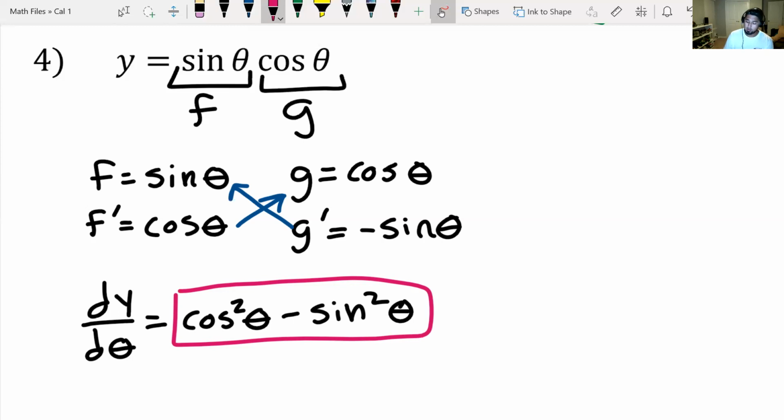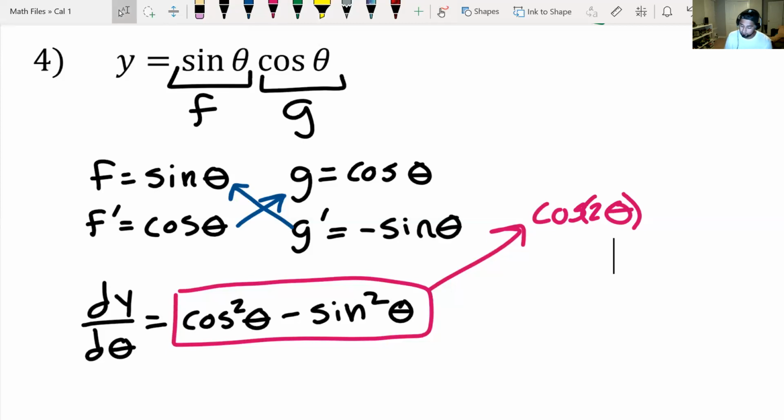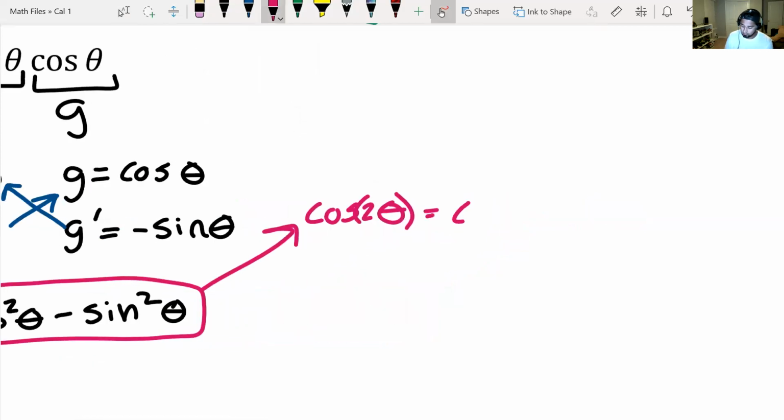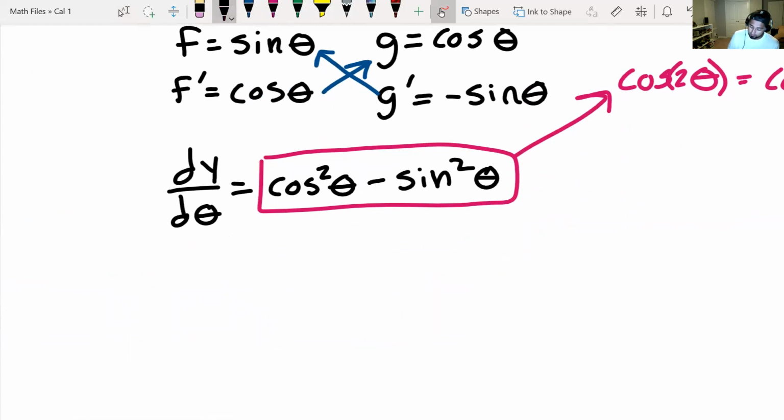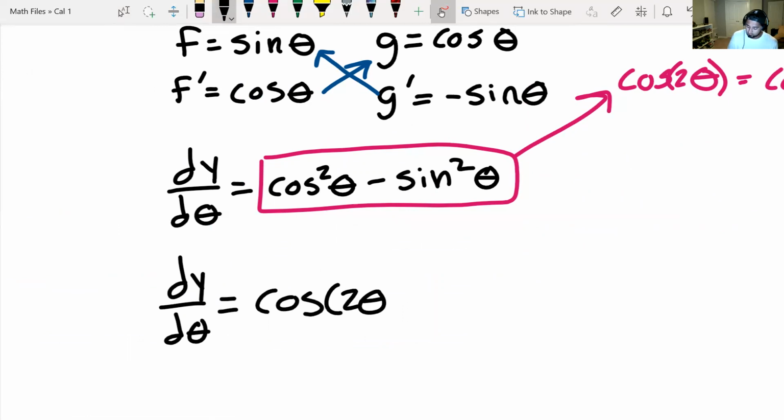So remember that cosine 2 theta is also cosine squared theta minus sine squared theta, which means we can put our final answer as dy over d theta of cosine 2 theta.